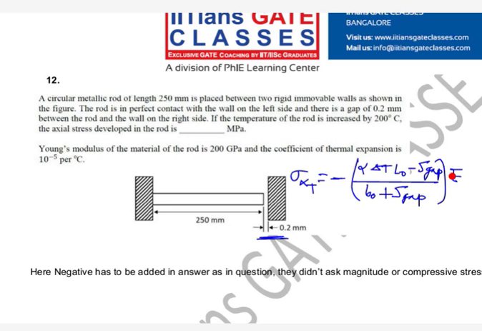Guys, substitute and find the answer in megapascal. Everything is given. L naught is 250 mm, delta gap is 0.2, alpha is 10 to the power minus 5, and E is 200 gigapascal. Find out the answer, guys.